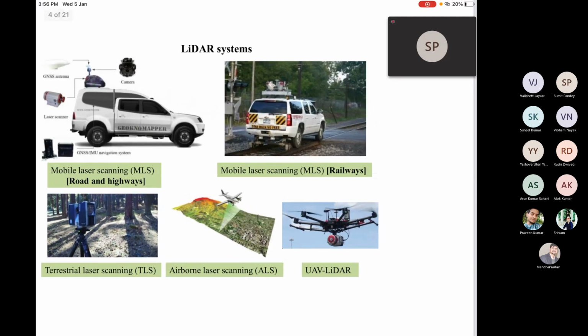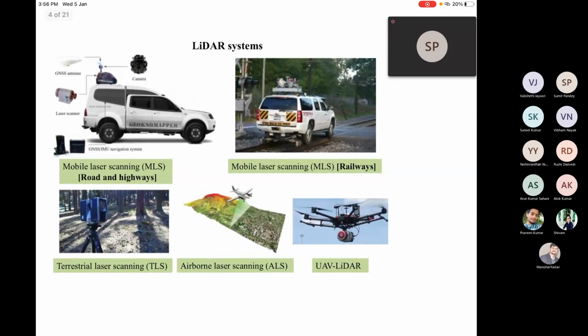So we have various types of LiDAR systems. As you see in the figure, the classification is done on the basis of the platform we are using to install the systems. In the first two cases, on top of the vehicle in a closed case, various sensors are integrated.